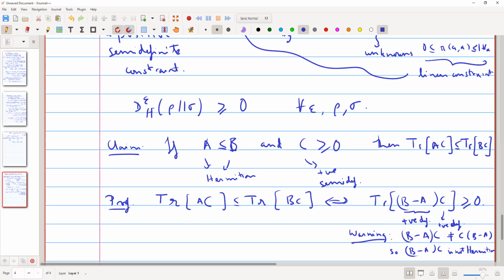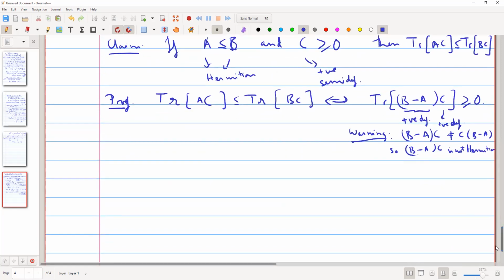But nevertheless, its trace will turn out to be real and positive. So let's prove this. This is what Shannon was saying.